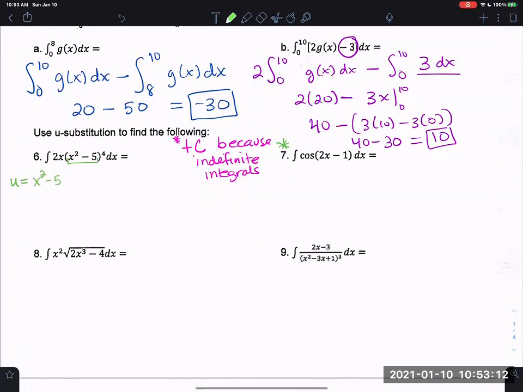So if I'm going to call U x squared minus 5, and if I want to take its derivative with respect to x of u, du dx, I will get du equals 2x dx.